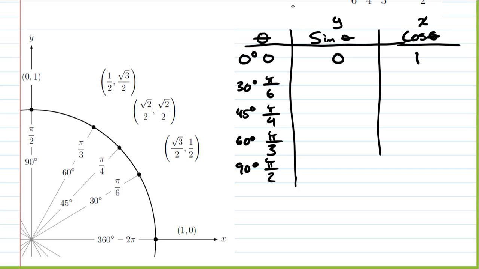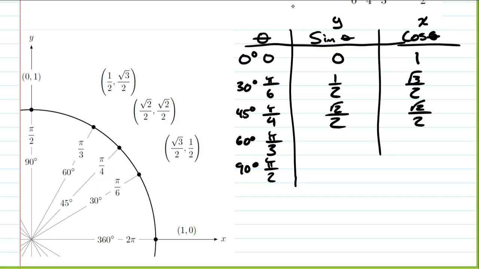We go to 30 degrees, or pi over 6 radians. That's along this line, and we have our x and our y. So our sine is going to be 1/2, and our cosine is going to be the square root of 3 over 2. We do the same thing moving along our line of 45 degrees, or pi over 4. And here we notice x and y are the same, both of them being root 2 over 2.